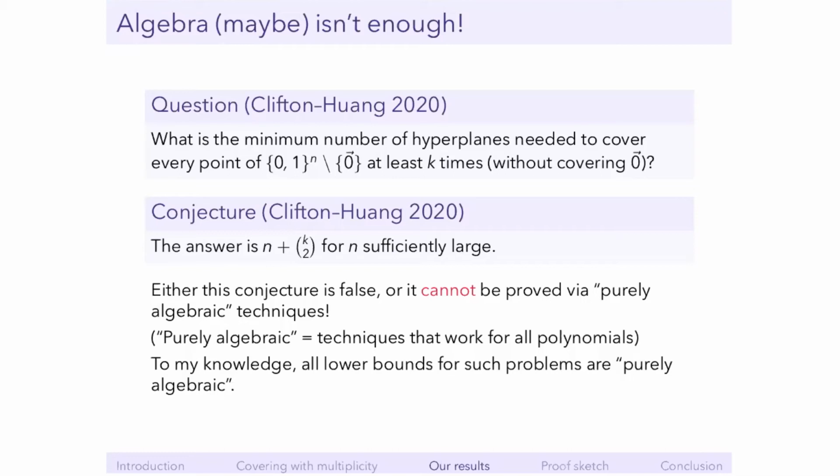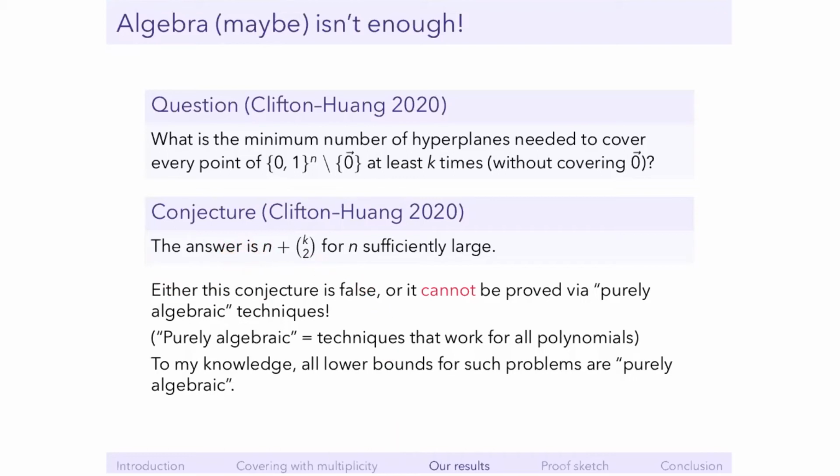I don't know how to make that work. It's a good question. One thing that's interesting is that Clifton and Huang, in their paper, say that Noga Alon pointed out to them a way of proving this conjecture if you already know that you contain the hyperplanes x1 equals 1, x2 equals 1, x3 equals 1, and so on. If your covering contains these n coordinate hyperplanes, then actually this is the correct answer.